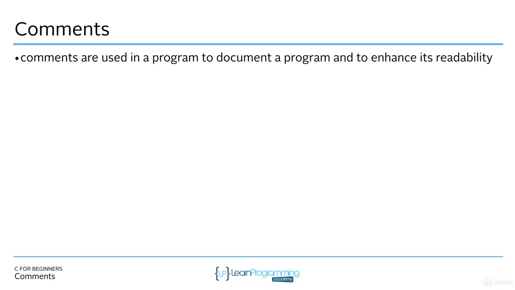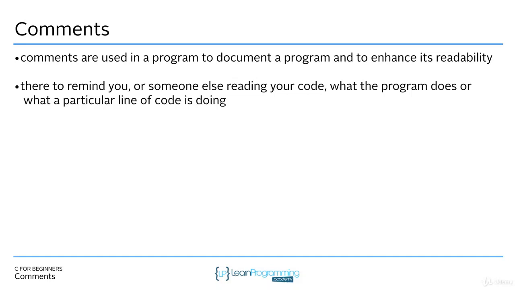So with comments, it can help quite a bit in this concept of readability. Comments are there to remind you or someone else reading your code what the program is doing or what a particular line of code is doing. So comments are there for your benefit.